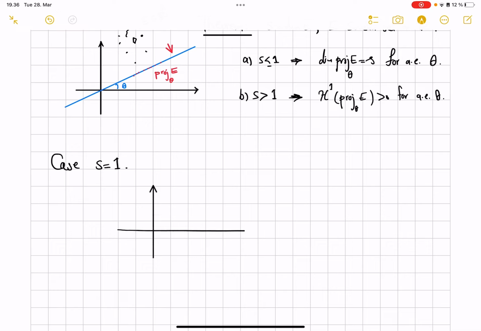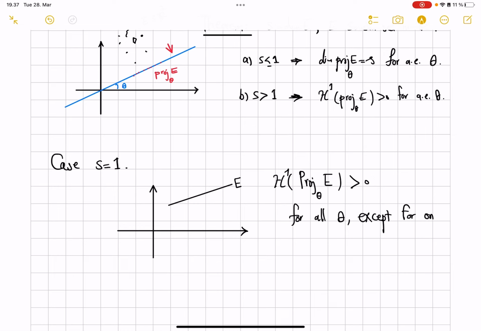If you have a line, the nicest 1-dimensional object that you can imagine, so if this is your set E, what happens is that its projection is good. The projection in theta direction of E has positive measure for all theta except for 1.